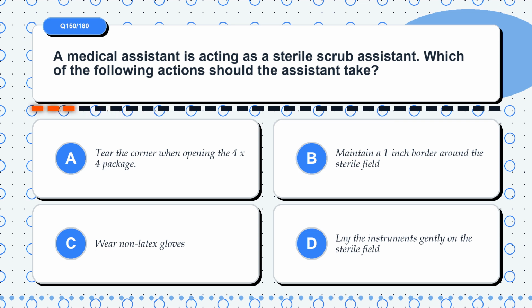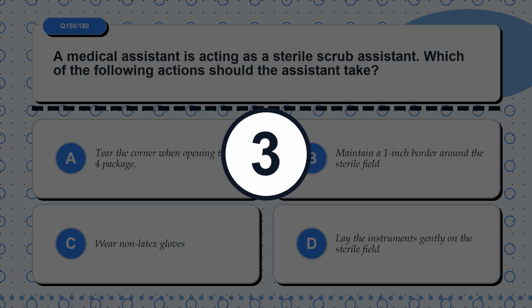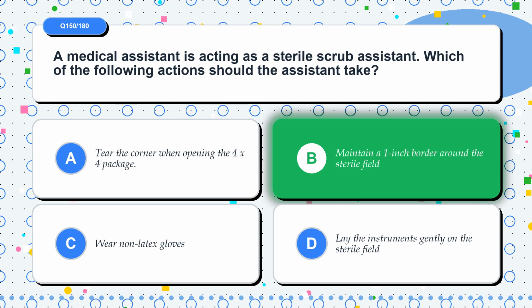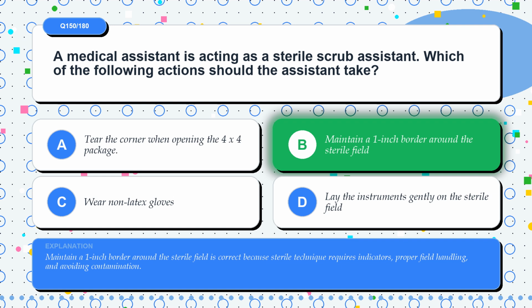Option D. Lay the instruments gently on the sterile field. The correct answer is option B. Maintain a 1-inch border around the sterile field. Maintain a 1-inch border around the sterile field is correct because sterile technique requires indicators, proper field handling, and avoiding contamination.